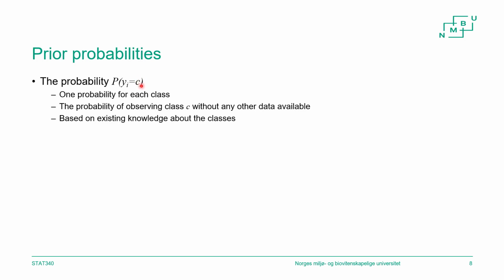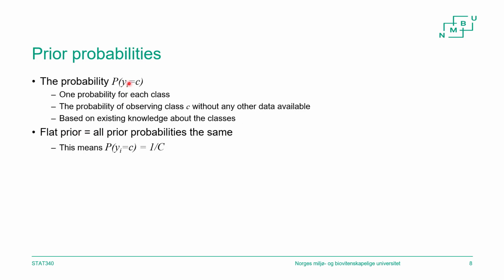It's not like 50%, unless it's an extremely common disease. It's often very small, right? But so it's not unusual that we have some information about what we call the prior probability. What is the probability of each class before you start measuring anything about these data cases? That's the prior.